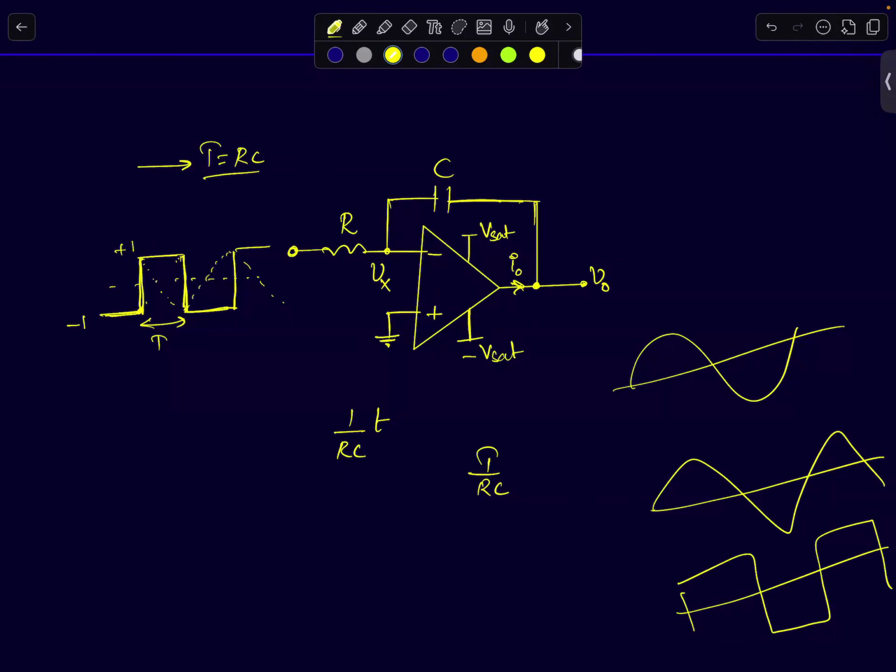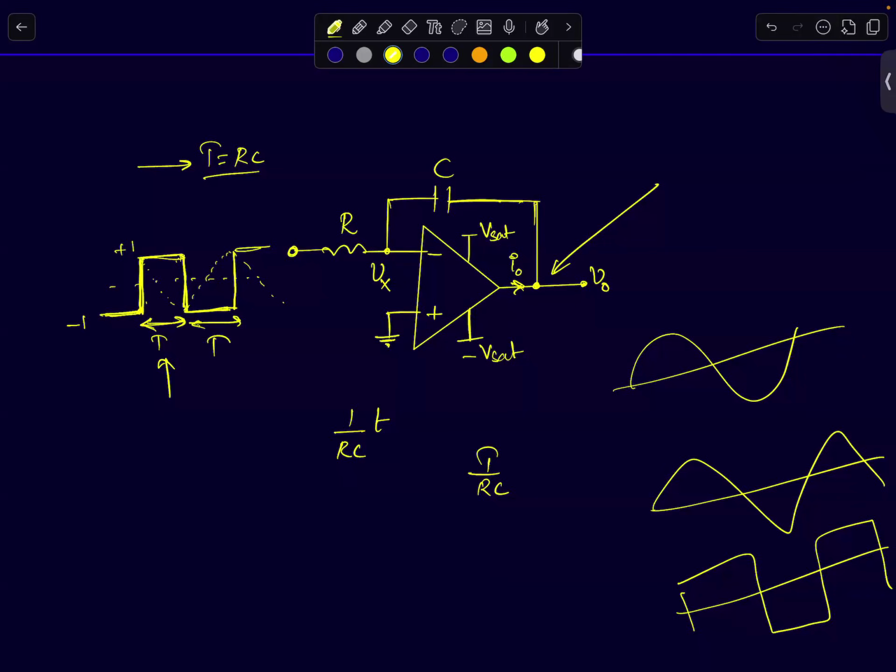So we'll take a very simple example here. I'm feeding a square wave signal which goes from +1 to -1, +1 to -1 like this, to an integrator circuit. And I'm interested in finding out what is the node voltage at this point. The input signal stays at +1 for t seconds and -1 for t seconds.